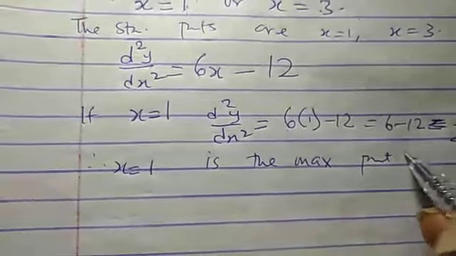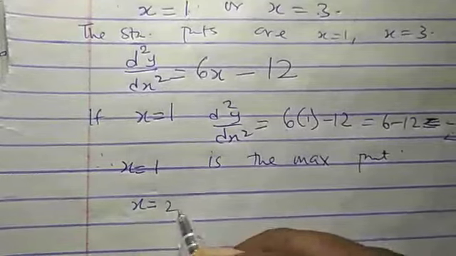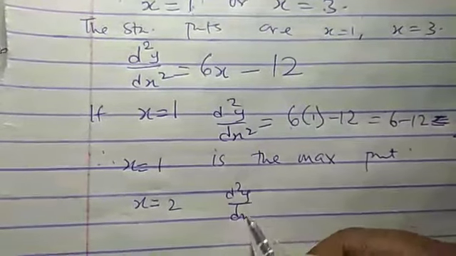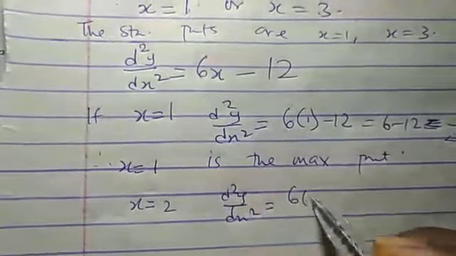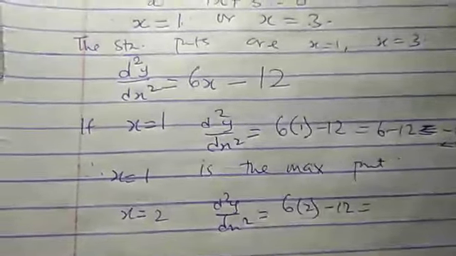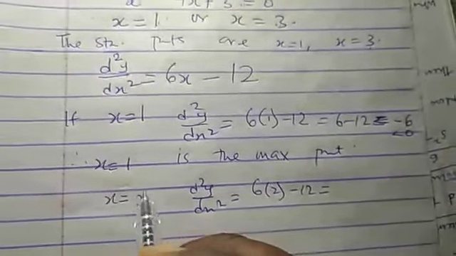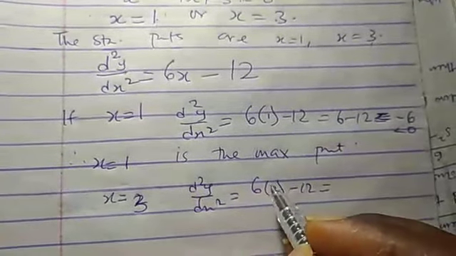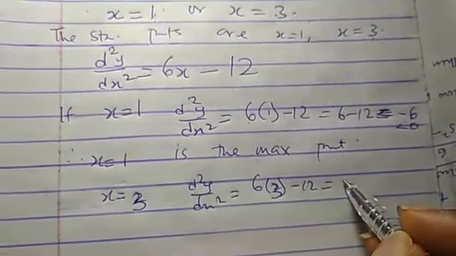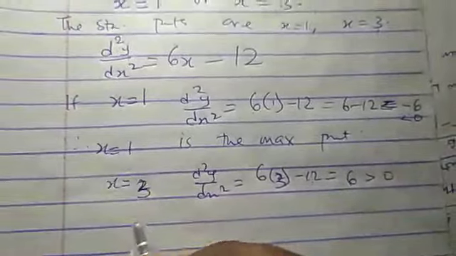maximum point. Also, if s is equal to 3 (sorry, it is not 2, it is 3), d squared y by dx squared is equal to 6 times 3, which is 18. 18 minus 12 is 6, which is greater than 0.